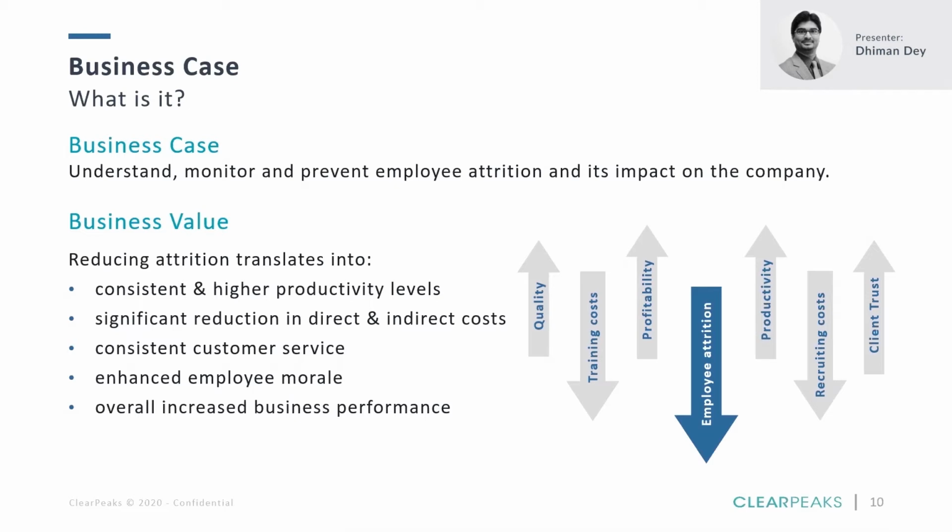Associated with that particular use case comes a lot of different impacts, especially with the recruitment side of things, especially on the cost impact side of things. And at the same time, how could you maintain the business value that you have within your business processes, and how those gets impacted with a scenario like employee attrition.